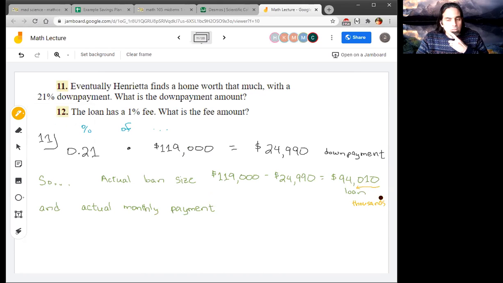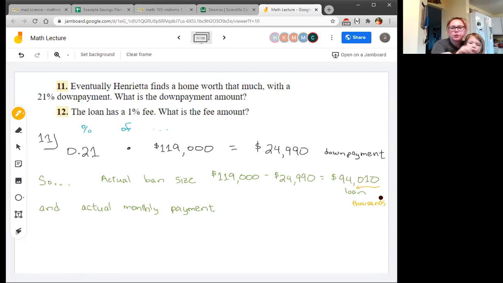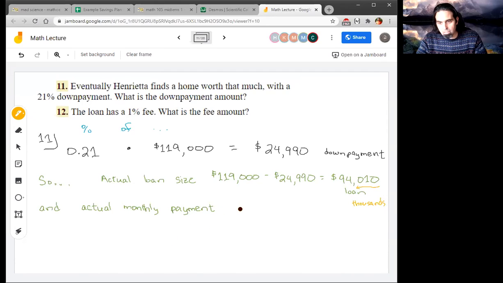Now, a bunch of people are about to get confused. Don't get confused. We have 94.01 thousands of loan, and I scooted 3 decimal places.